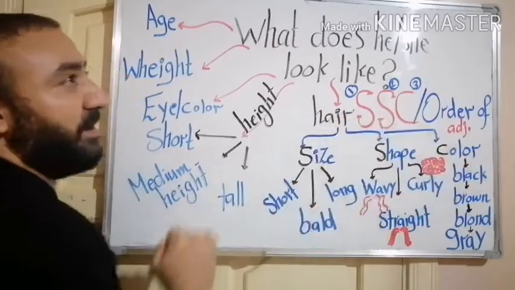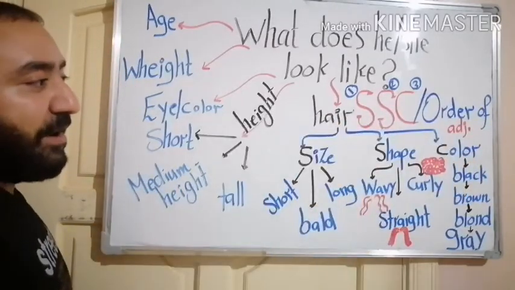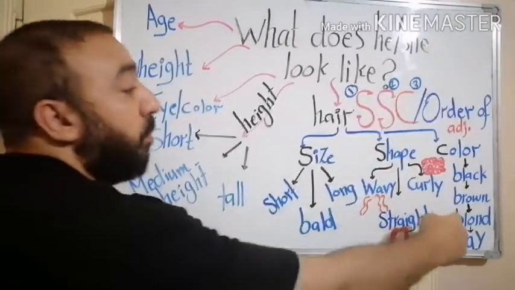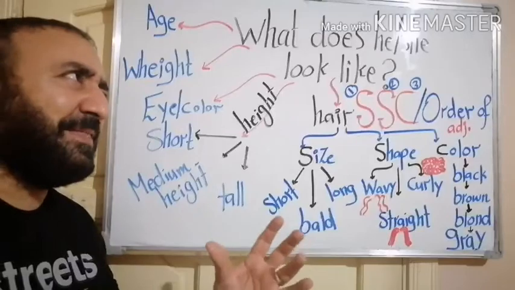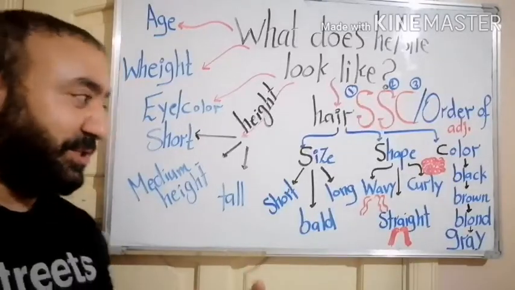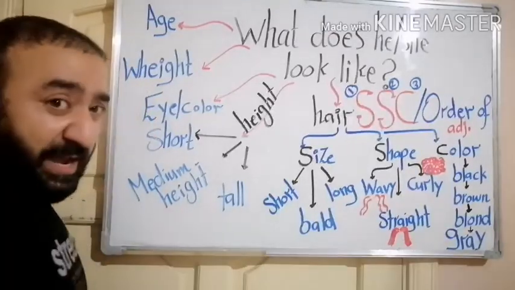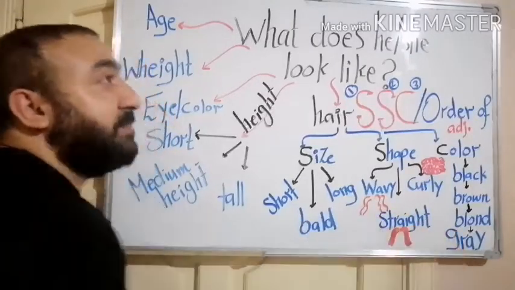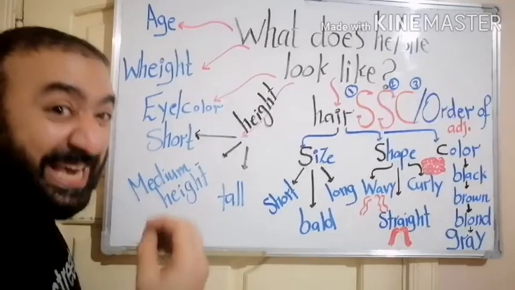Finally, color, color of hair. We have black, brown, blonde, blonde like the yellow color, yellowish. And finally, gray. And this word is very crucial because it describes the old people's hair.